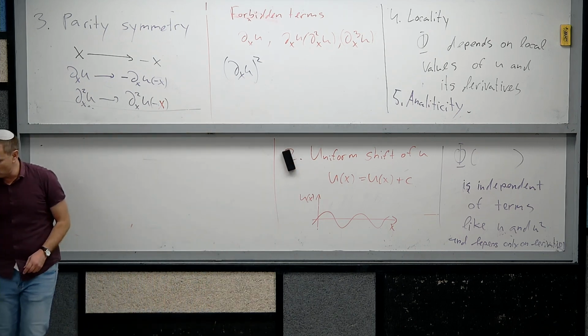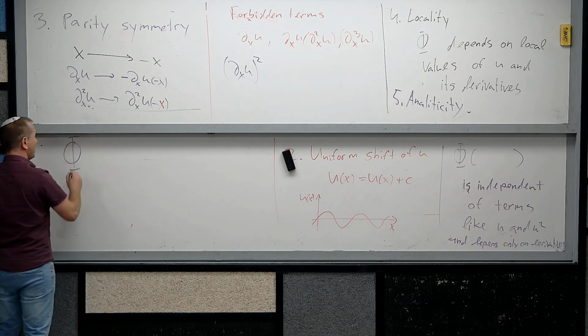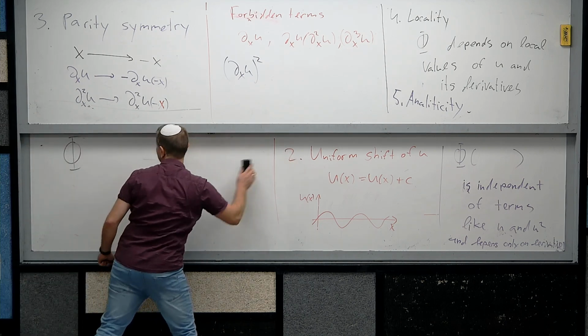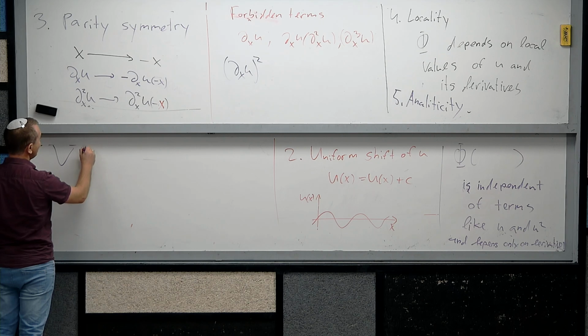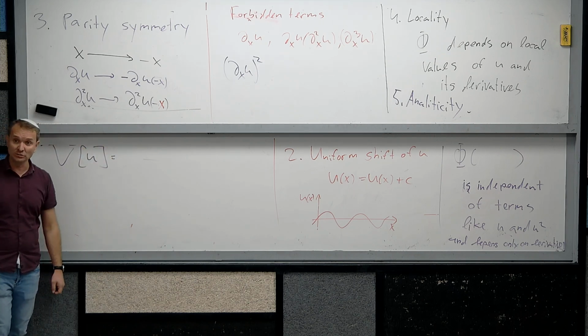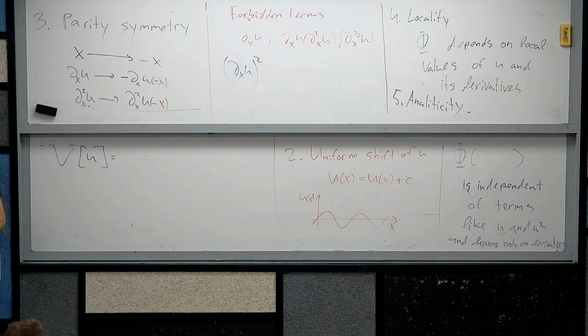So what exactly is going to happen, right? I'm looking at this phi, my potential as a function of u, which is not a function already, it's a functional, because u can obtain different values at different x's. Okay?